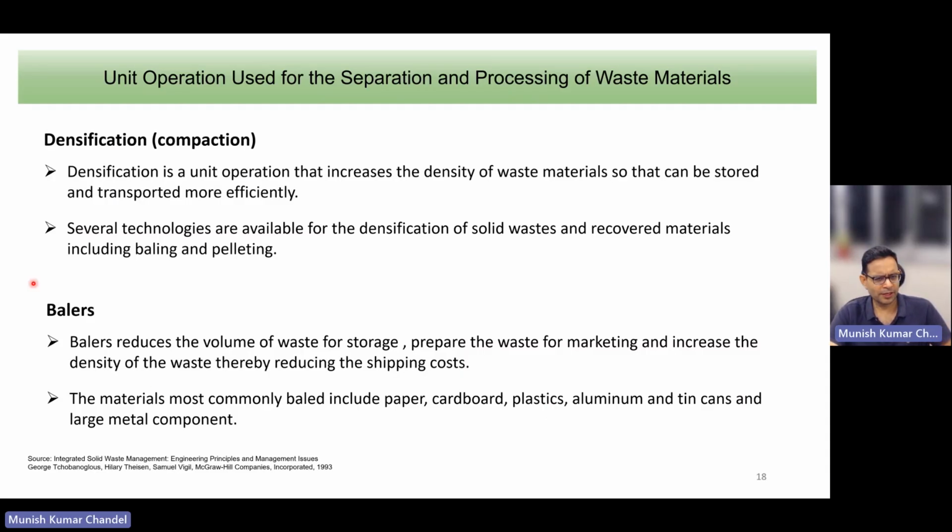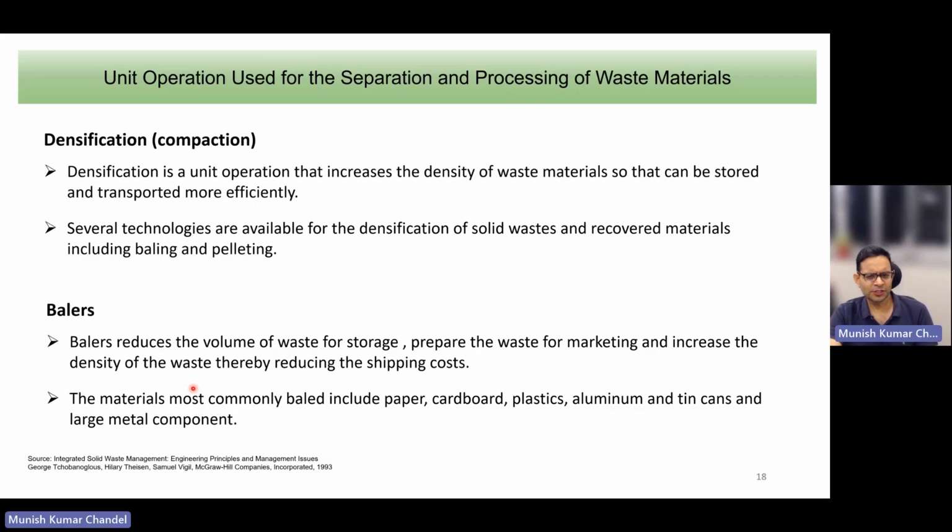For example, in balers, what we basically do is reduce the volume of the waste for storage, prepare the waste for marketing, and increase the density of waste, thereby reducing the shipping cost. So basically, a baler is to compact waste, reduce the volume, and hold it in a proper way so that it can be easily transported, etc.